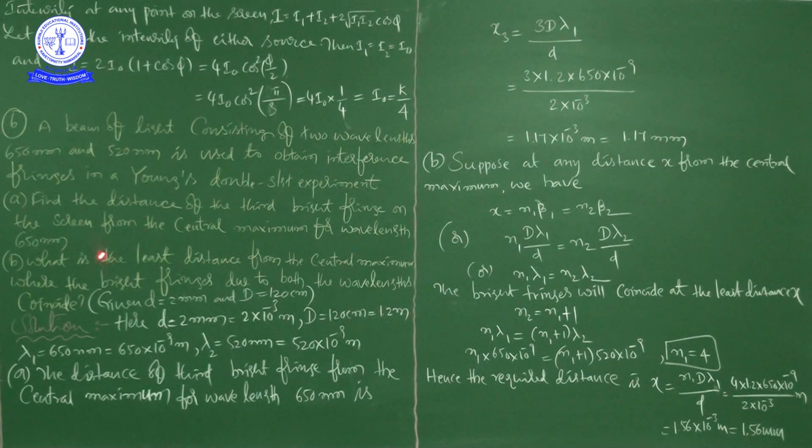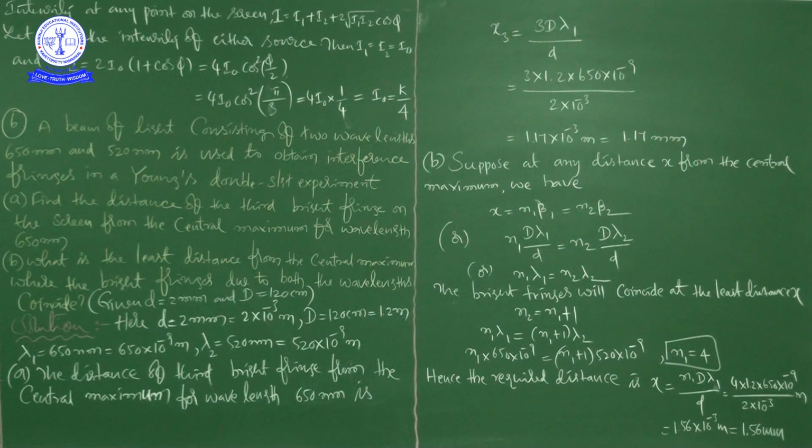As usual, according to question A, we take light of wavelength 650 nanometers, that is 650 into 10 to the power of minus 9 meters, right? In the question they have given another light of wavelength 520 nanometers, which you can also convert into meters, that is 520 into 10 to the power of minus 9 meters.